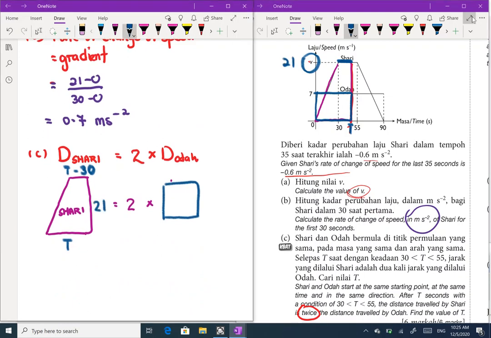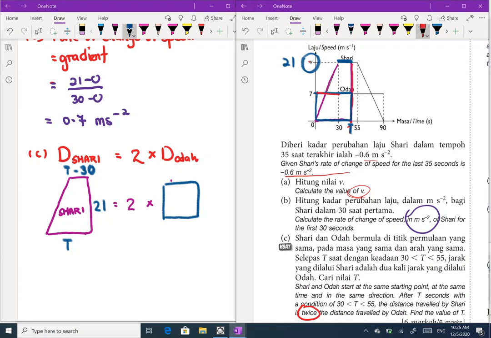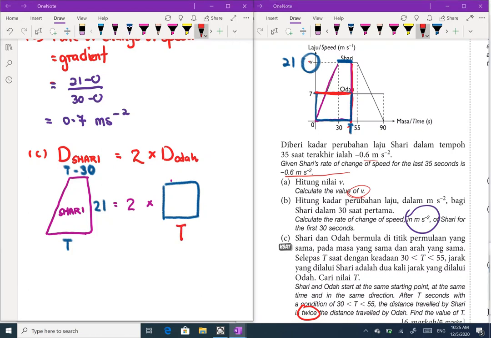Okay, 2 times the distance of Oda for this one. This is Oda. So this length is T. The height for this one is 7. This is parallel lines.